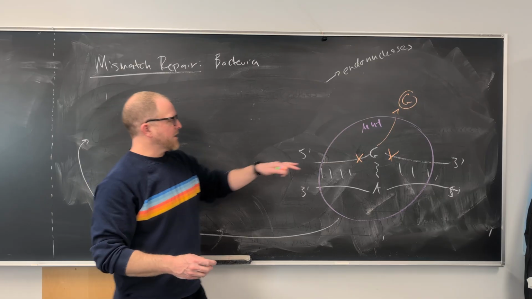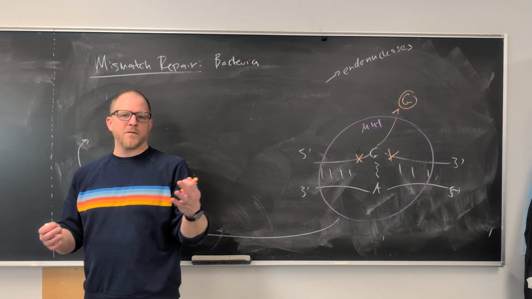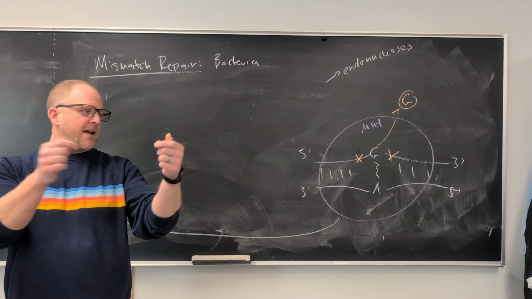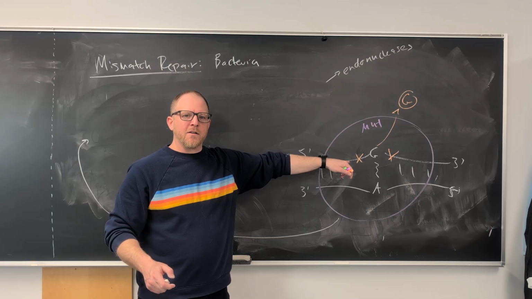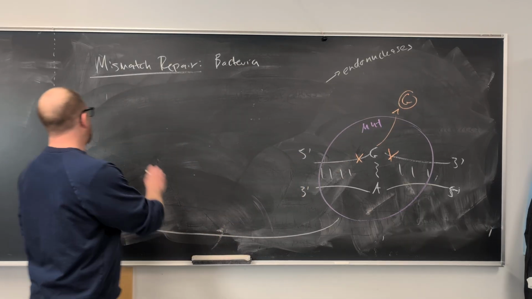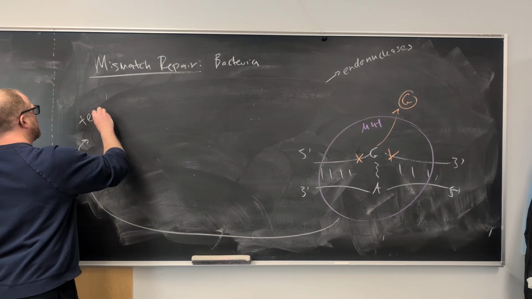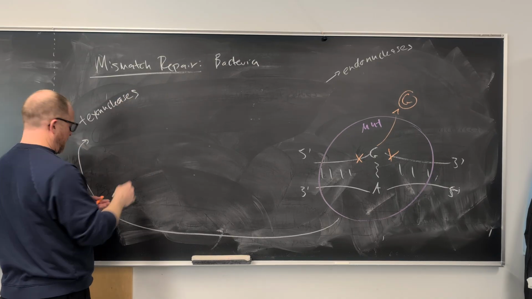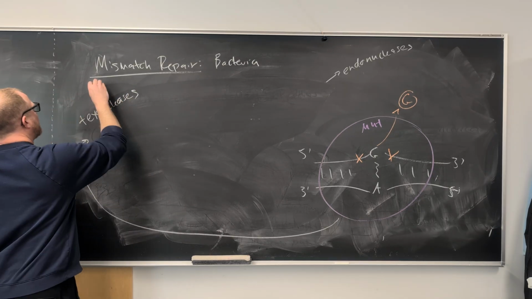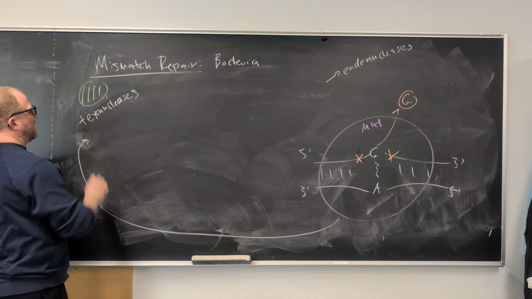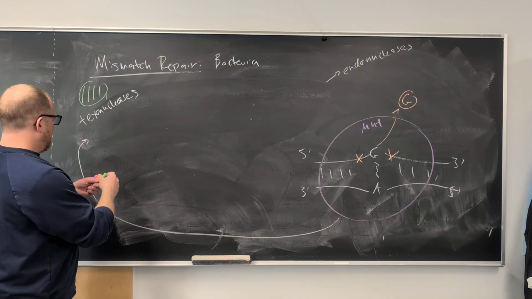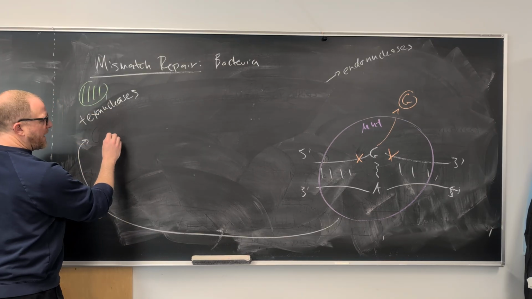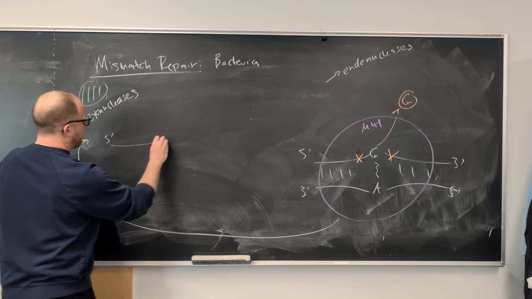So what this does is it gets rid of the G, and then another set of proteins come in here and expand that gap on this top strand. And so this is going to be with the addition of exonucleases. Okay, and we're going to draw those proteins in green.